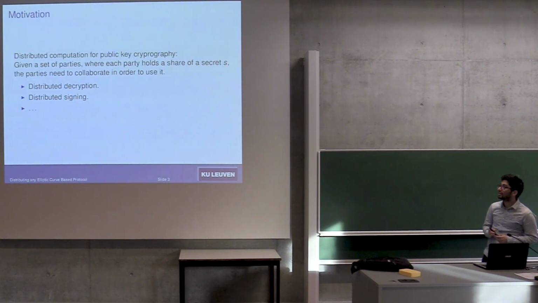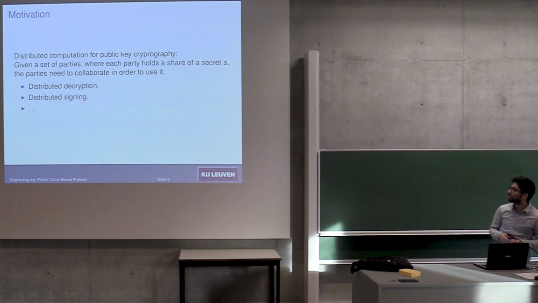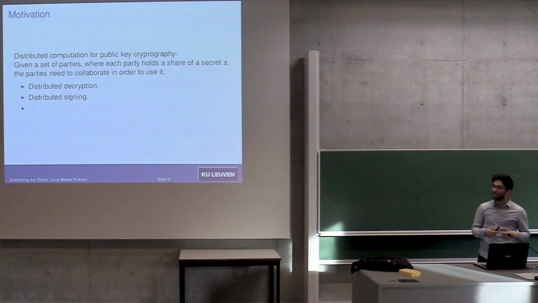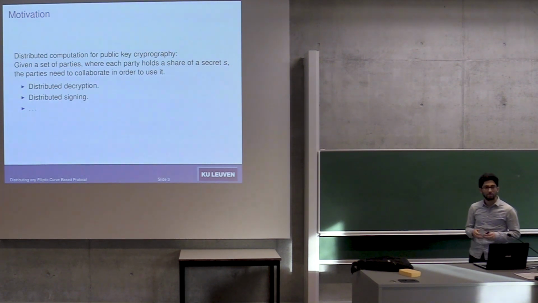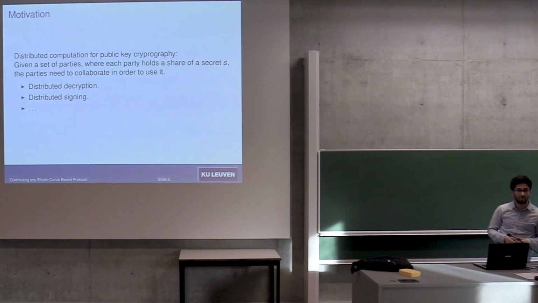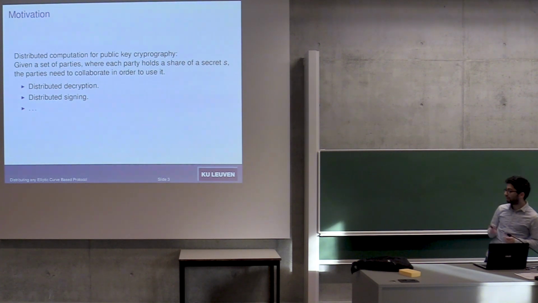And on the other hand, distribution is a powerful property that one would like to have on a protocol because it has many applications, and besides, having a secret key that is distributed among different parties will make the task for an attacker to compromise it harder than if it was only held by one party, and that's the main reason why it is so important to be able to distribute protocols.